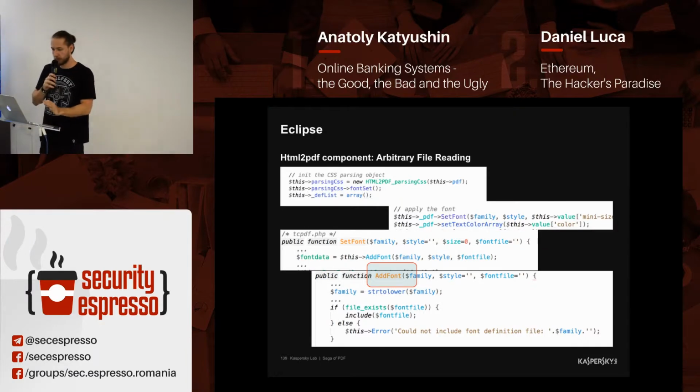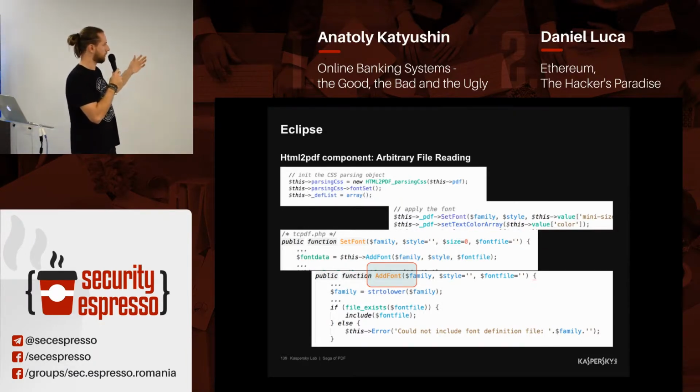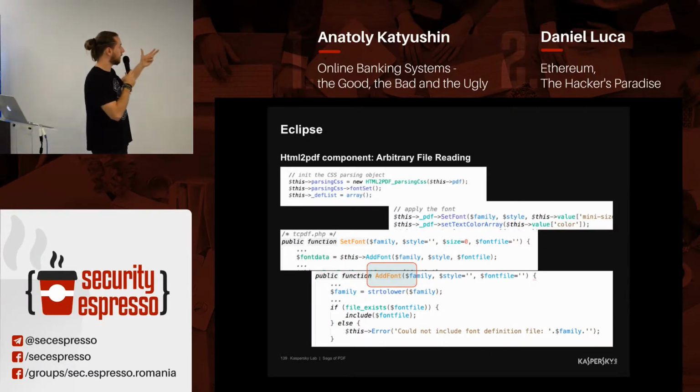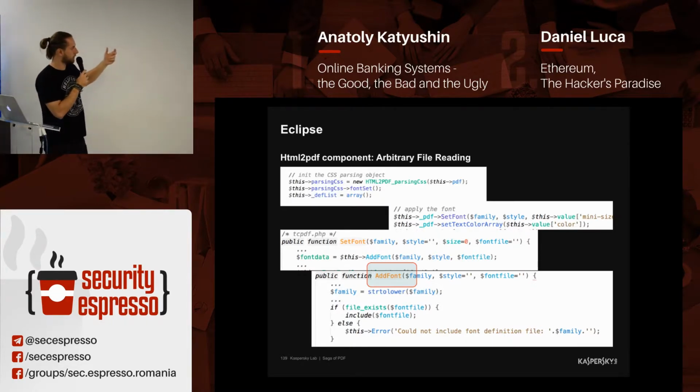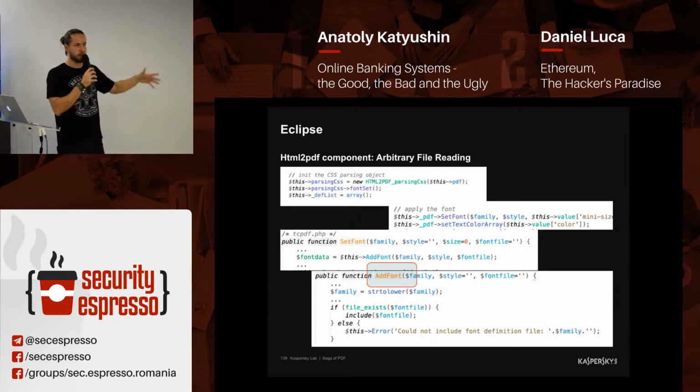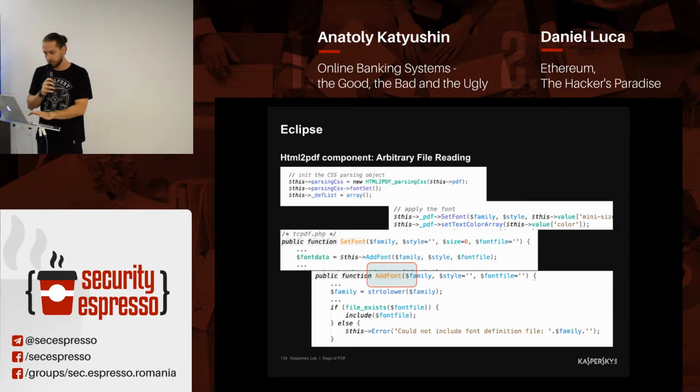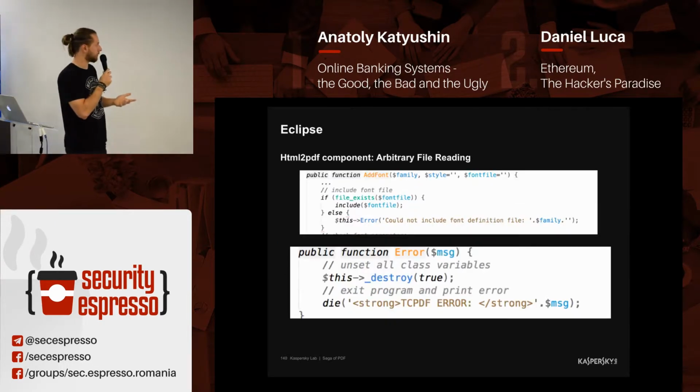So later on, this value of font family will just be included. And the problem is that it checks if the file exists. So if the file is absent, it throws an error, and it's a good error because it stops the application and it shows us the font family.